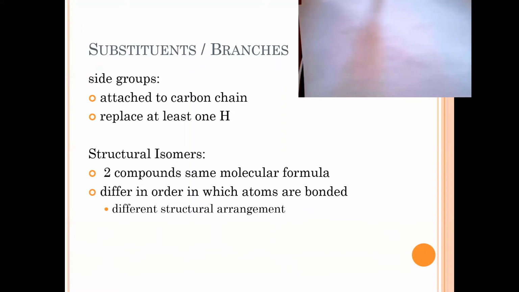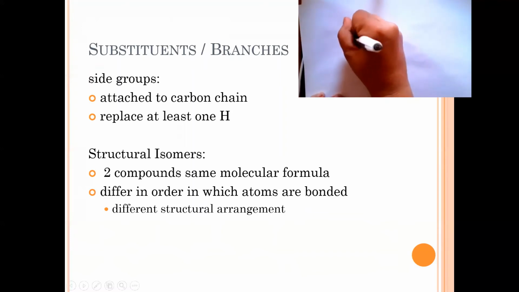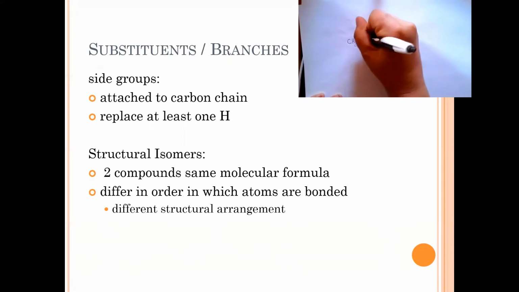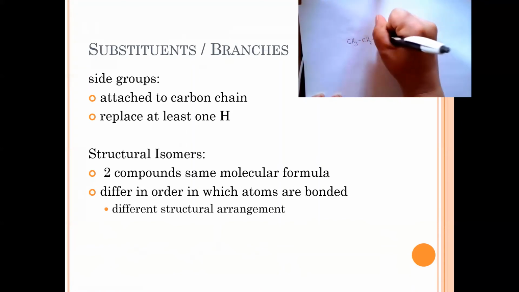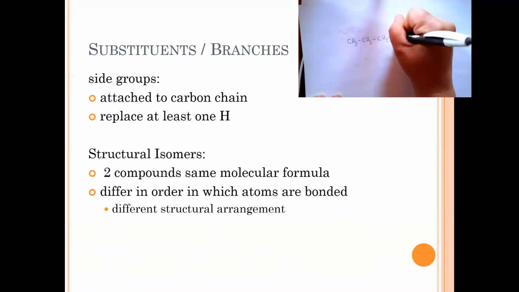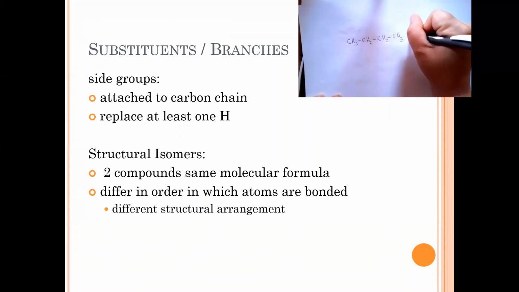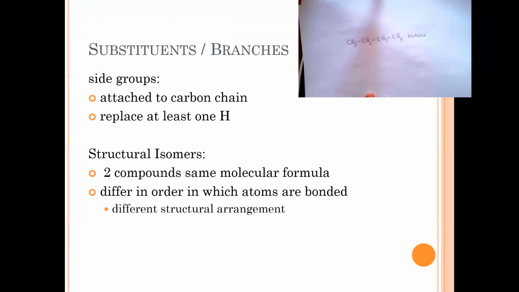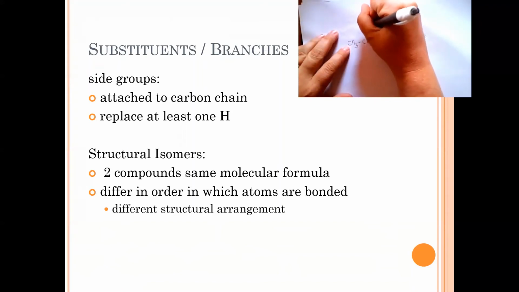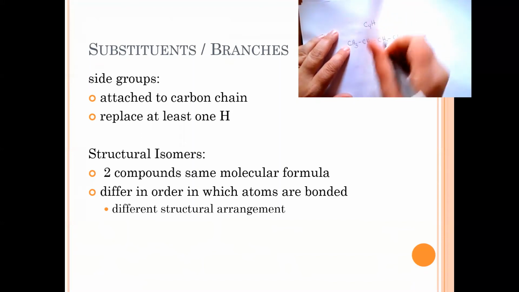So if I look at butane, here's butane by itself, CH3, CH2, CH2, CH3. This is butane. If we wanted to write the molecular formula for butane, remember it's C4H, and then let's count the H's.